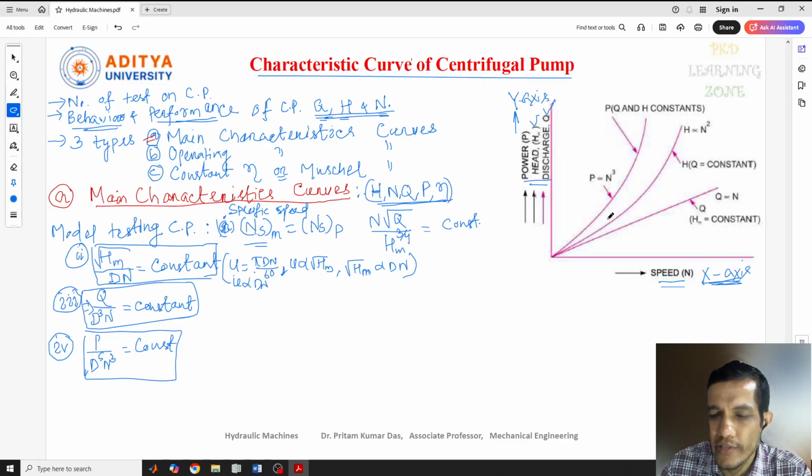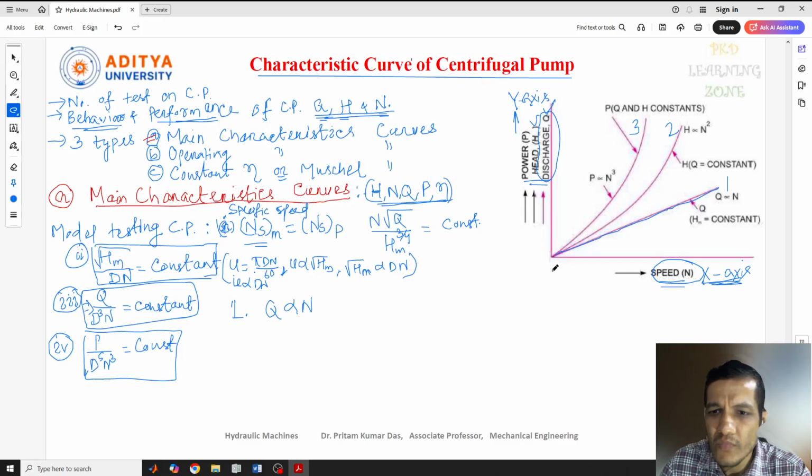This curve gives the relation between discharge versus speed. I'll give this number 1, this number 2, and this number 3, so it will be easy for us to explain. Number 1 gives that Q is directly proportional to N.